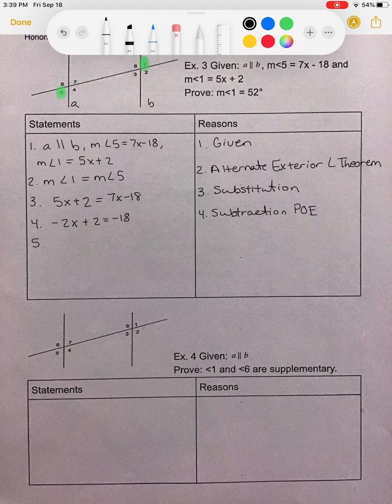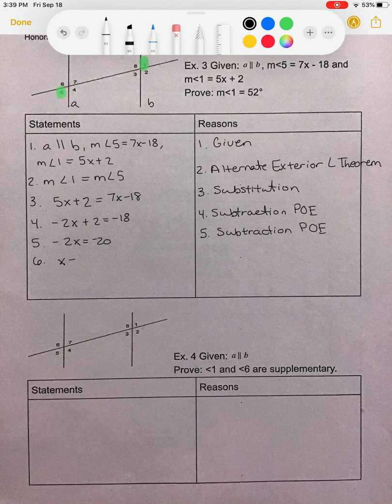Then I could have done this in one step because I'm going to end up subtracting the 2 to the other side to get negative 20. Since they were both subtraction, technically I could have done that in one step.